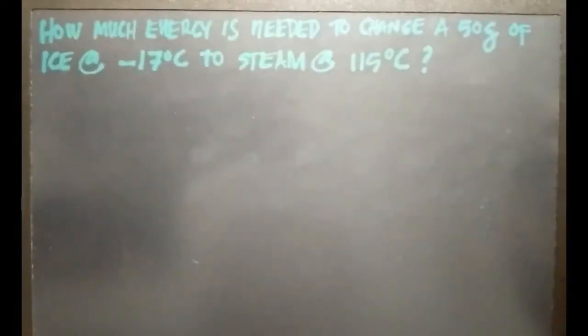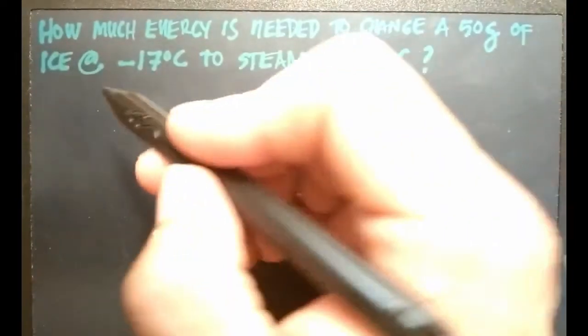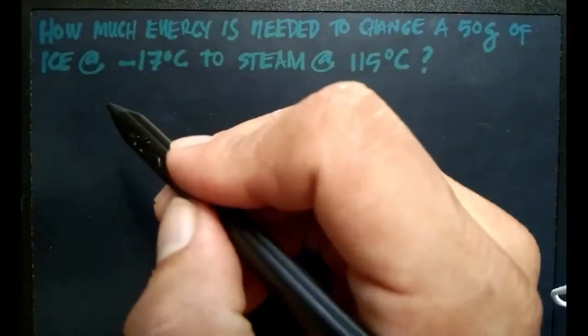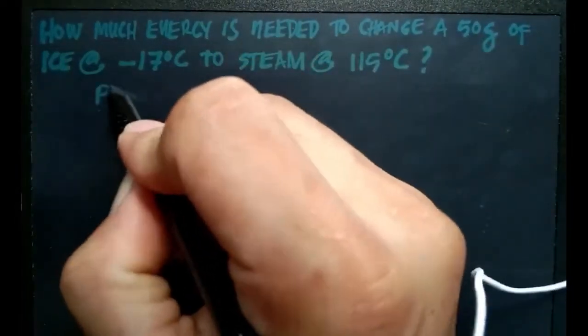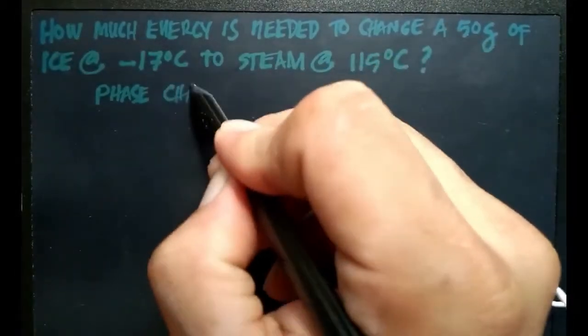Here is a problem of energy and phase change. So this problem goes: how much energy is needed to change 50 grams of ice at negative 17 degrees Celsius to steam at 115 degrees Celsius?